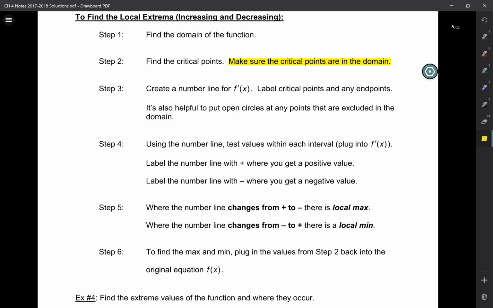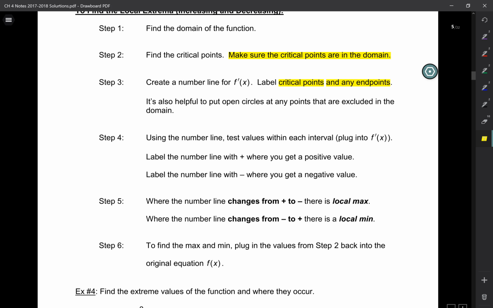Okay. Create a number line for f prime of x. Label the critical points and any endpoints. Okay, this is a tip or a trick of the trade. It's helpful to put open circles at any points that give you discontinuities.